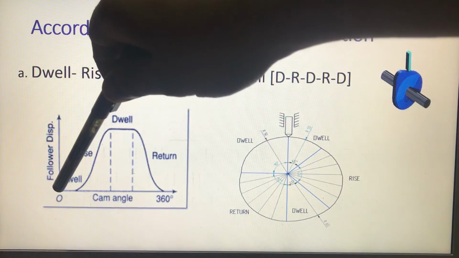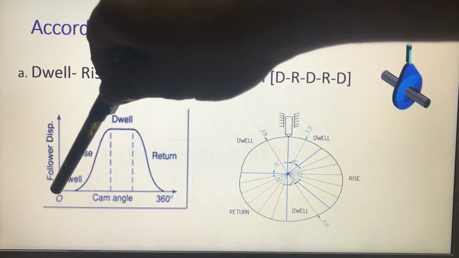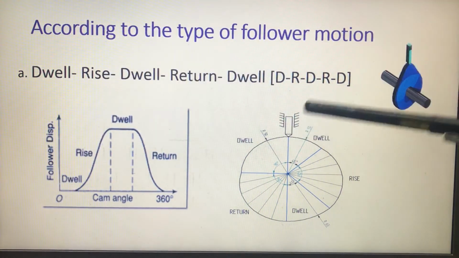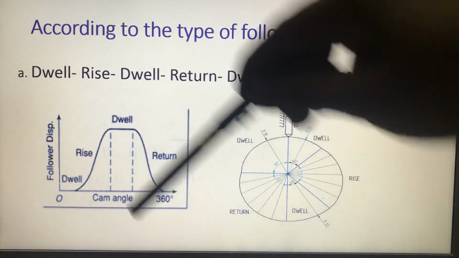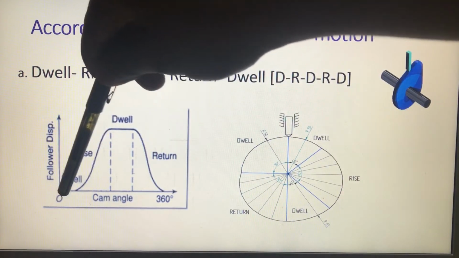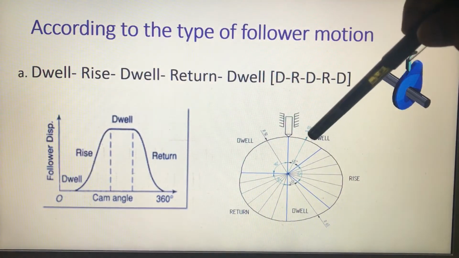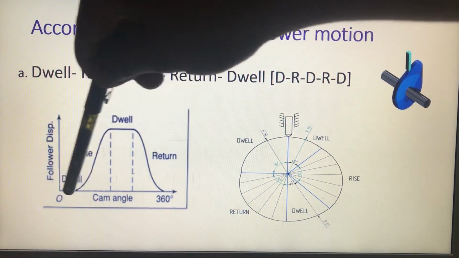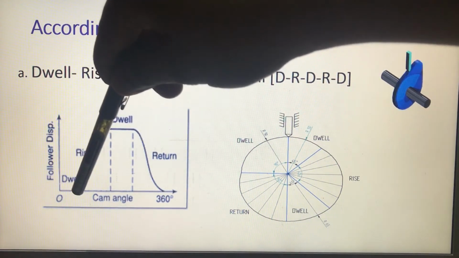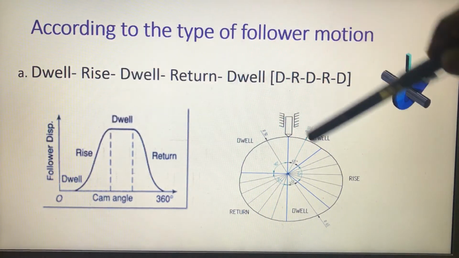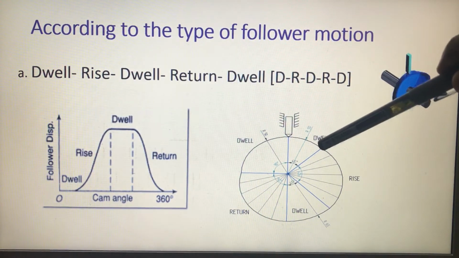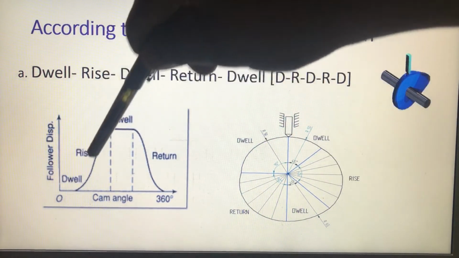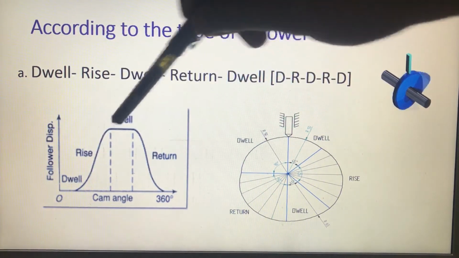Here the cam is already at the 50 mm position. Next, for 45 degree, it stays at 50 only, so there is no displacement. Next, from 45 degree to 90 degree, it is rising from 50 mm to 65 mm, that is a displacement of 15 mm.